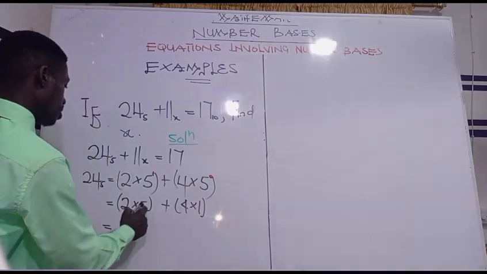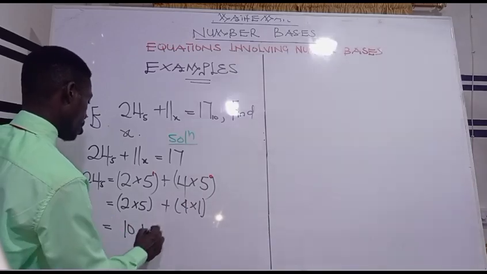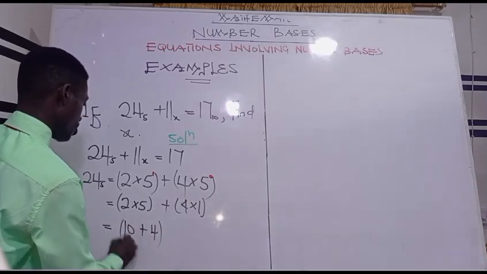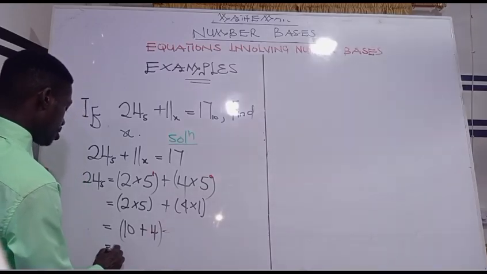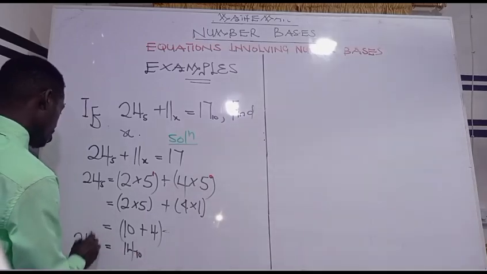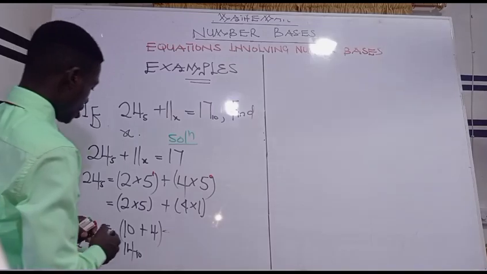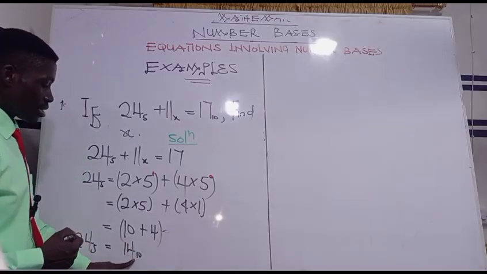So we get 2 times 5 is 10, plus 4 times 1 is 4. This will give us 14 base 10. So 24 to the base of 5 is equal to 14 to the base of 10.